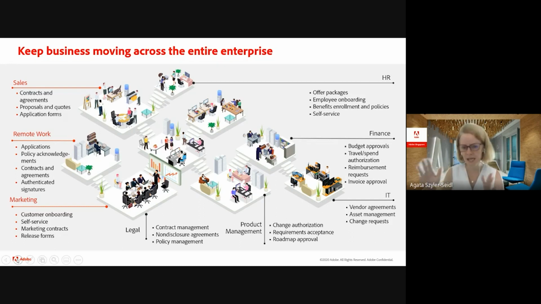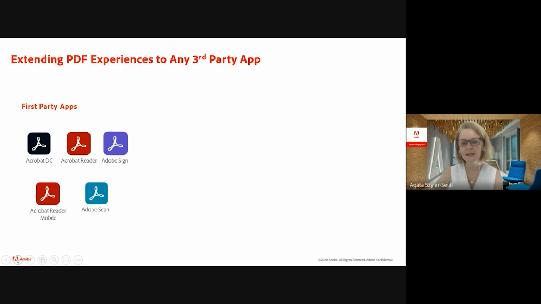We have a set of use cases also for government, but of course each and every single government entity has its own use cases. So that's why it will be tailored, made to your request. And just to summarize, because Adobe Document Cloud has a lot of solutions.